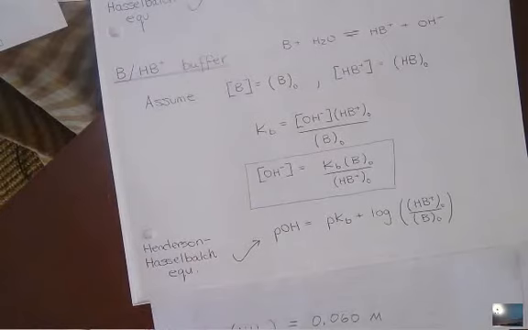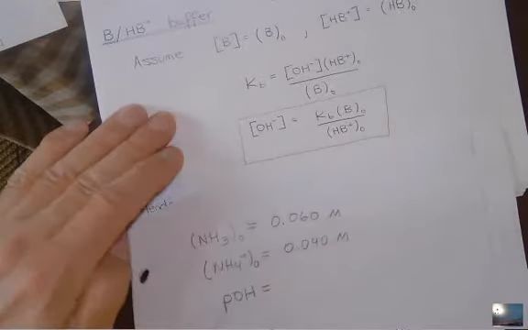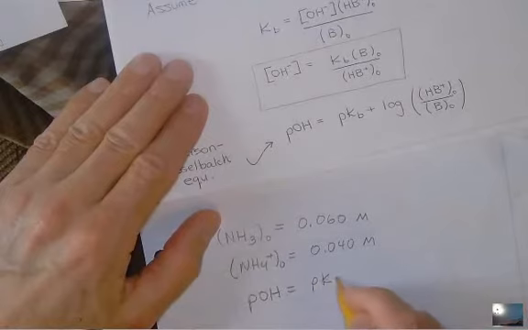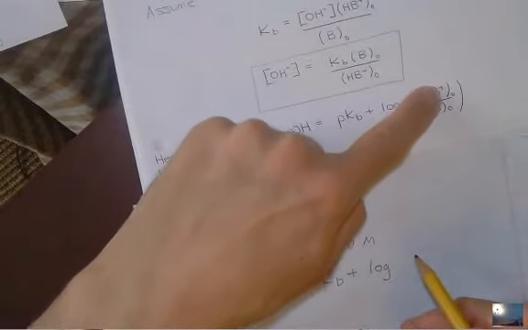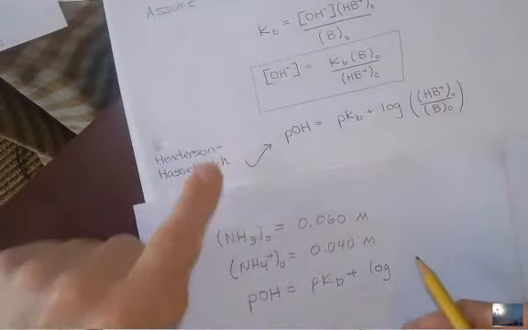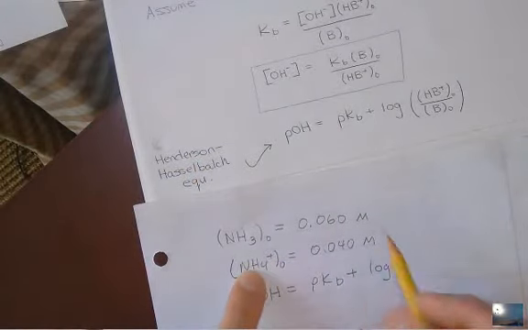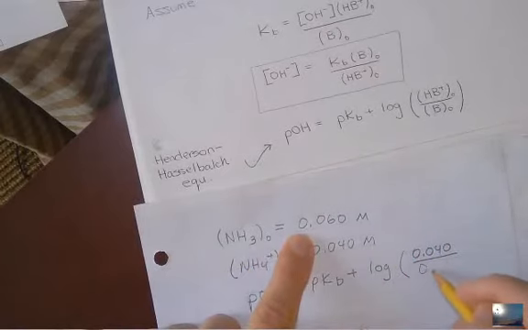So the Henderson-Hasselbalch way says the pOH is equal to the pKb, which I'm going to get in a second, plus the log of the conjugate acid on the top. Which is the conjugate acid here? This one, right? This guy has an ability to donate a proton. 0.04 divided by 0.06.